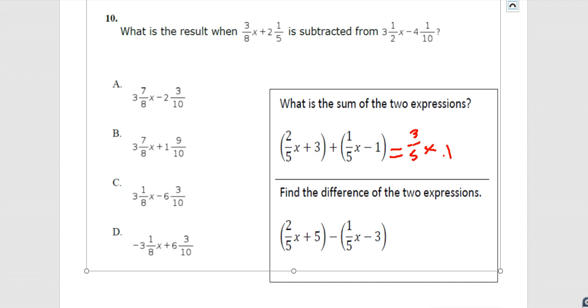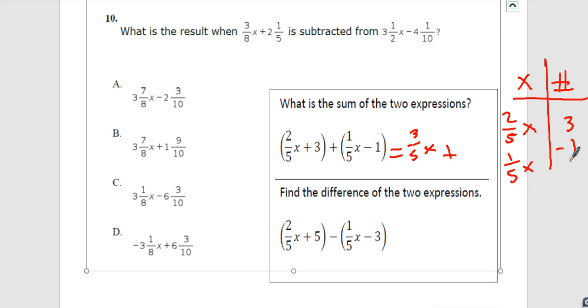I also have the 3 and I have the -1. If I had the columns off to the side, I have my x column, and I have my number column. I have 2/5 x and 1/5 x, and I have my 3. And here, again, this is a -1 because I keep my sign that's to the left, because that's really adding a -1.